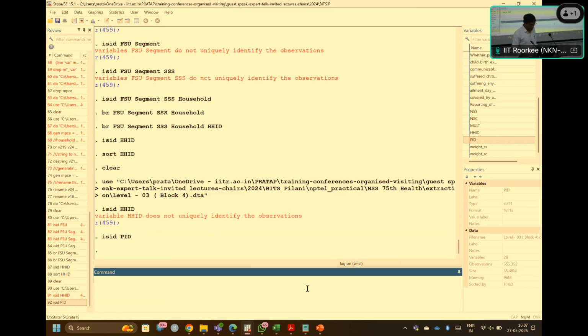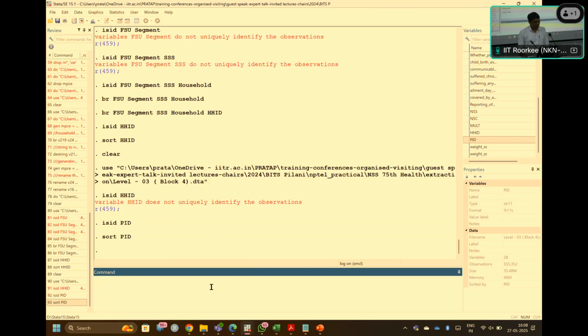So at this moment, what I wanted to do, I check PID. I'll also sort this variable. Sort PID. That's the starting process because we need to keep them in order. So I have done this. I have to save. So now I'm going to merge.